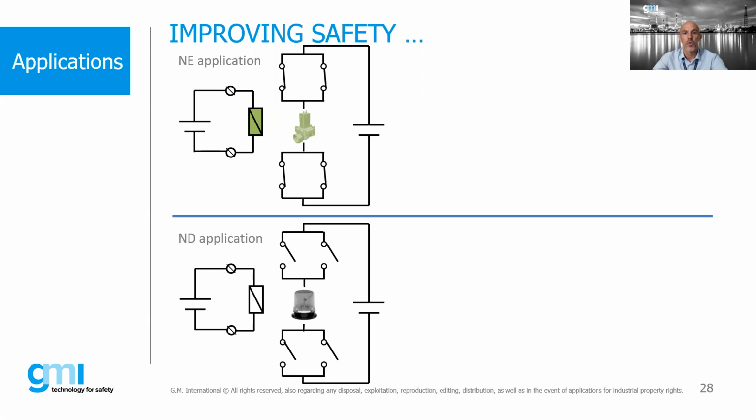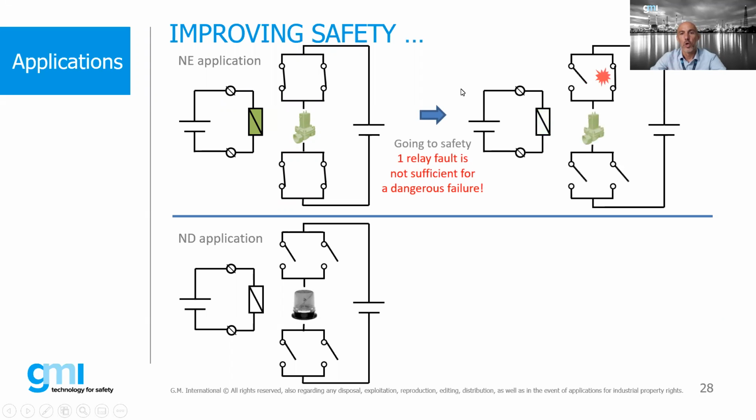So let's see what happens for normally energized. Normally energized means that I have to open my relays. So the coil is activating all the relays. And as you can see here, one relay is stuck, it is not opening, but that is not sufficient for a dangerous failure. That means that my safety function is assured even if one relay has failed.